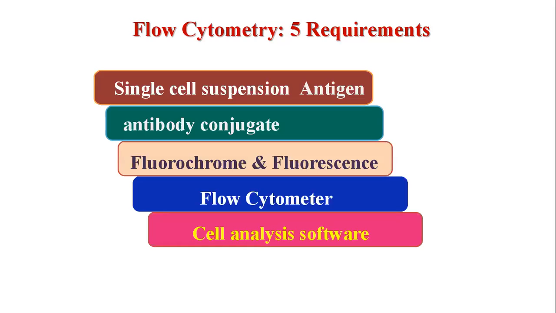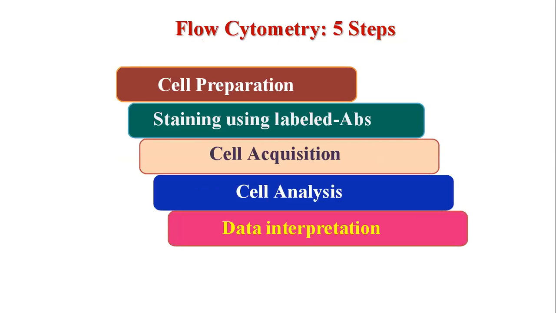Third one is the fluorophore or fluorochrome and fluorescence. Fourth one is the flow cytometer, and the fifth one is the analyzing software. So these are the 5 different components of FACS that we need to carry out this particular test.